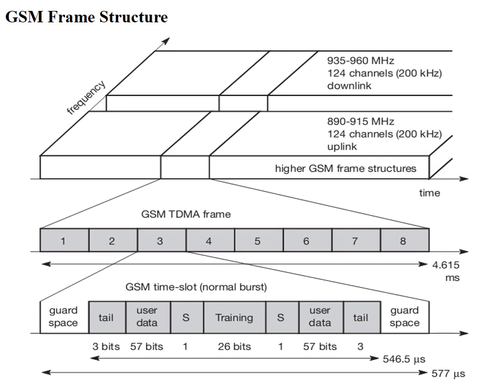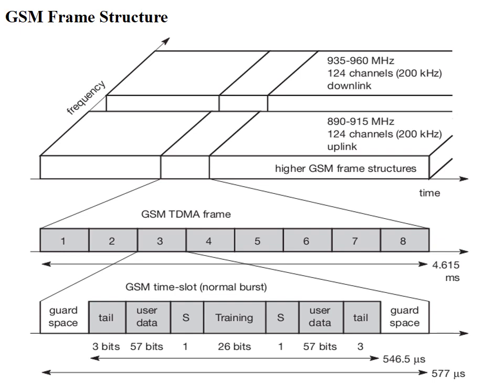So the next point is the GSM frame structure. This is the figure for GSM frame structure. You can see the uplink frequency band and downlink frequency band, and here both FDMA and TDMA are used to generate the GSM frame. In the GSM frame structure, there are a total of 124 uplink channels and 124 downlink channels.